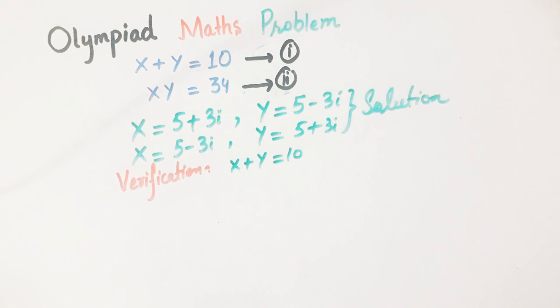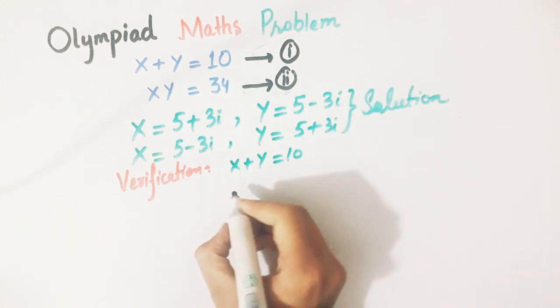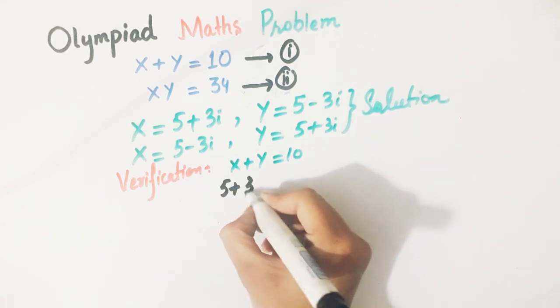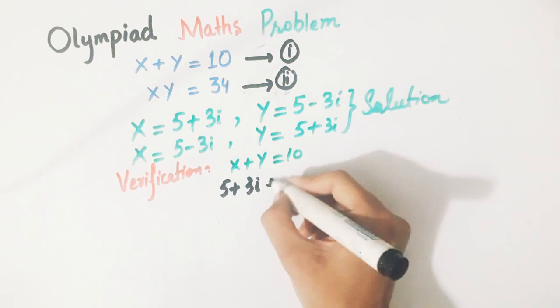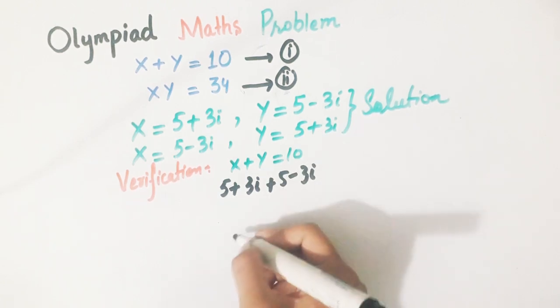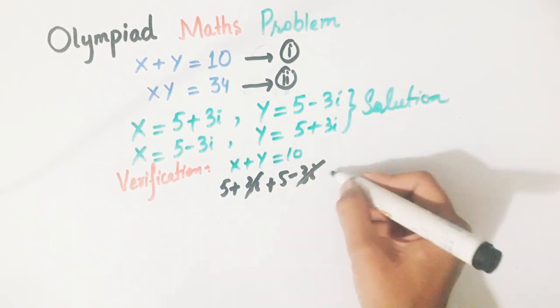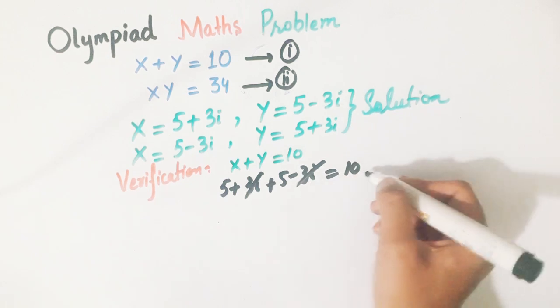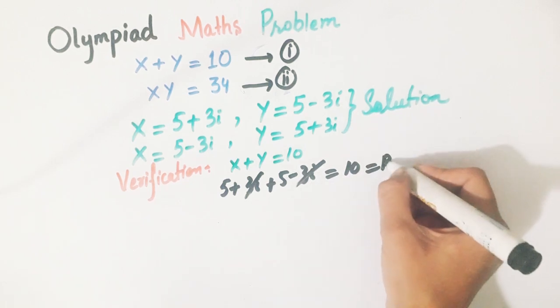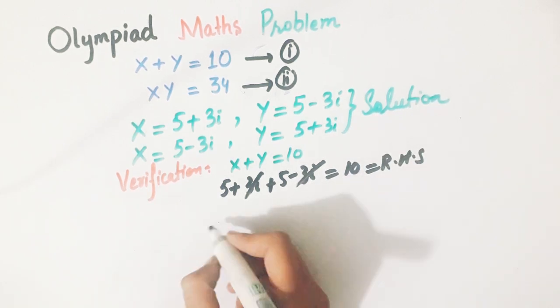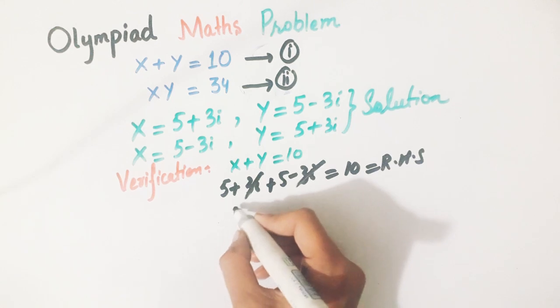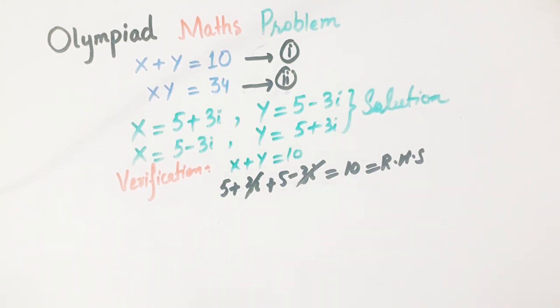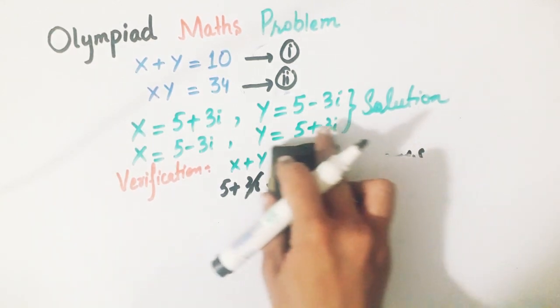Substitute the values in this equation: 5 plus 3 iota plus 5 minus 3 iota. You can see 3 iota and 3 iota cancel out and we get 5 plus 5, which is 10, equal to the right hand side.